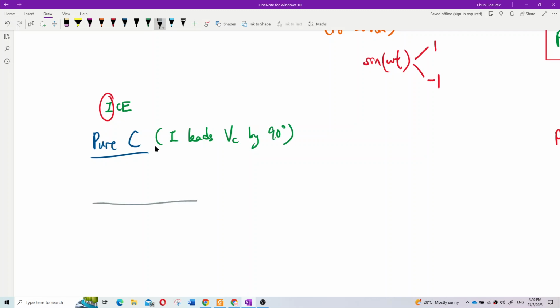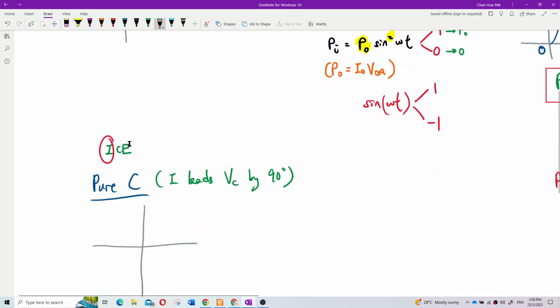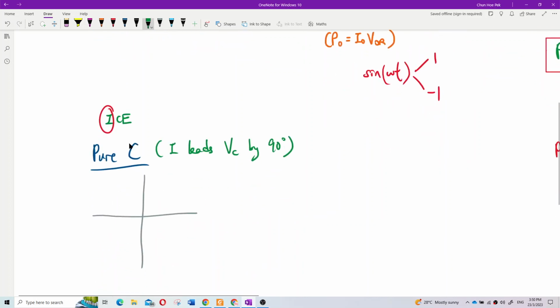So what I can say is from the graph, let's say my current, I put like this. Current is the boss. Rotation anti-clockwise. I put current as the cos, so current at the front, current is the boss. So VC is lagging behind by 90 degrees. VC is over here.